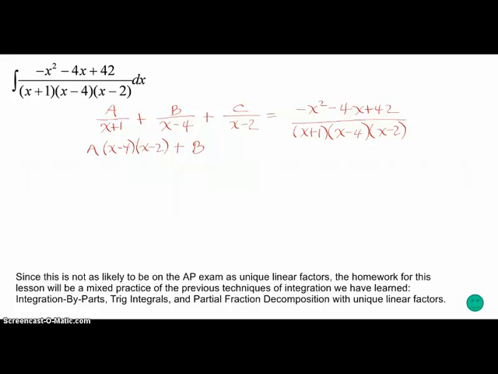So b is going to be multiplied by the 2 factors that are not in its denominator, and c is going to be multiplied by the 2 factors that are not in its denominator, and all of that has to equal negative x squared minus 4x plus 42.